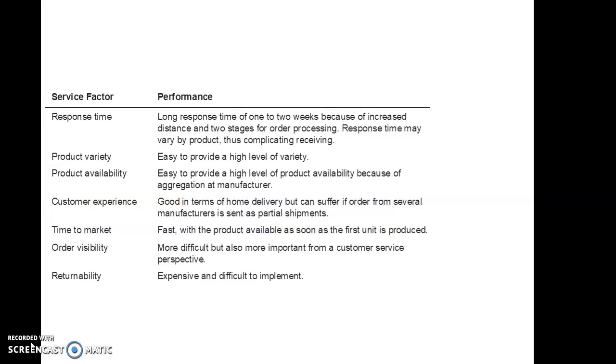The last one is returnability. It is very expensive and difficult to implement because the shipment of products from the manufacturer to the customer takes place in single shipments and without any intermediary.